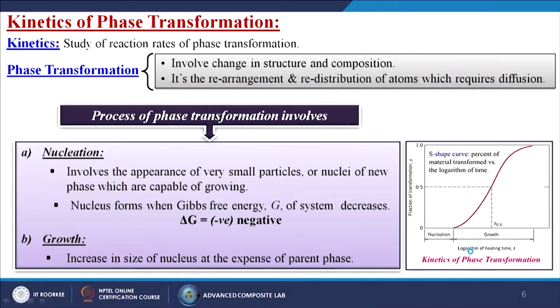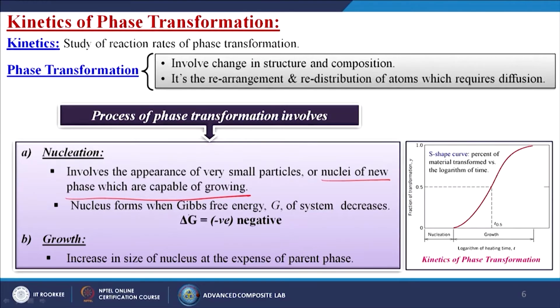Nucleation involves the appearance of very small particles, or nuclei, of a new phase which are capable of growing. That means it is the small thing which is going to grow. A nucleus forms when the Gibbs free energy G of the system decreases, so delta G here is negative.